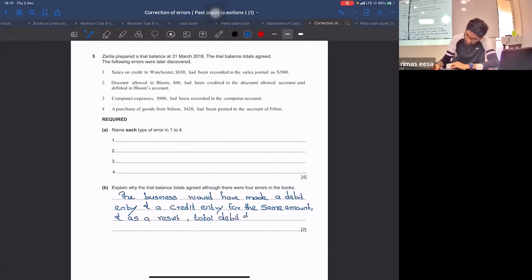That's the reason. So you can say the business would have made a debit entry and a credit entry for the same amount, and as a result, total debit and credit is equal.